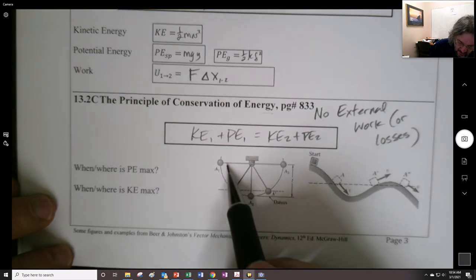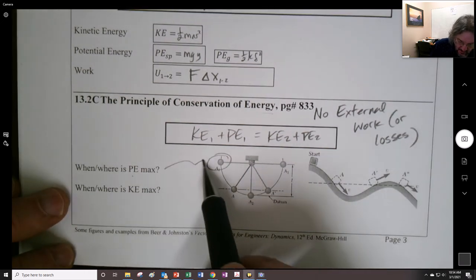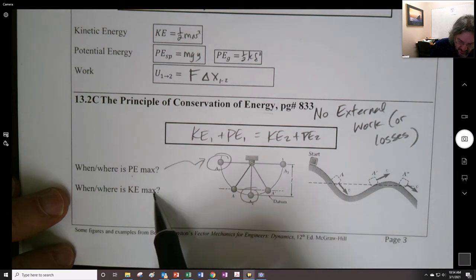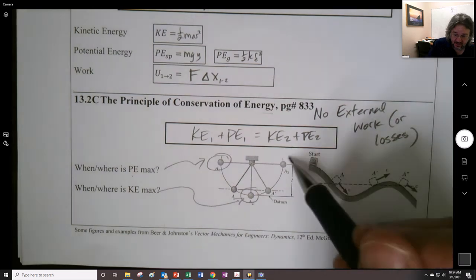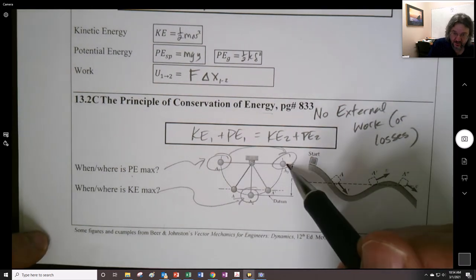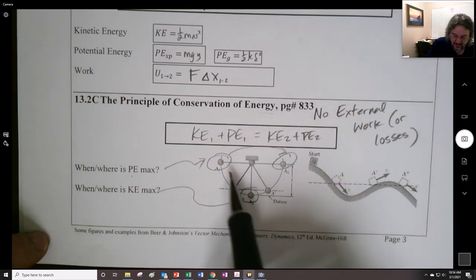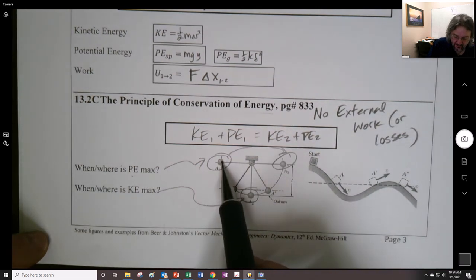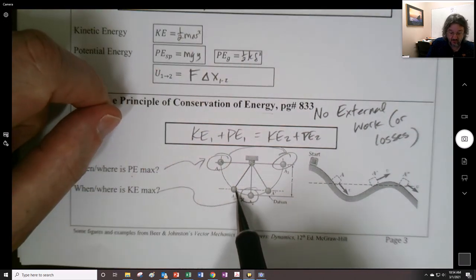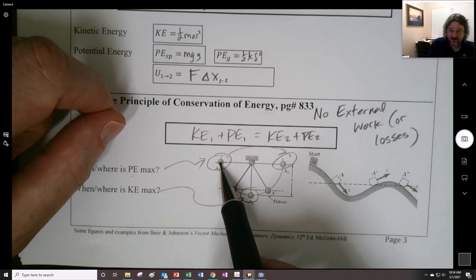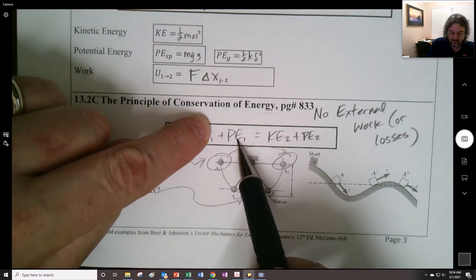So you might see in this little pendulum guy right here, when is potential energy a max? Right here. And then where is kinetic energy a max? Right in there. And then once again, right in here too is where potential energy is a max. If this is where it stops right here, if we start it from right here and we let go of this ball and it starts to move down, at here it had no kinetic energy, so this would be 0, but this would be at its maximum.